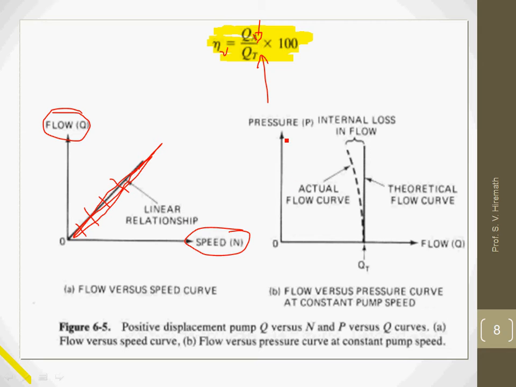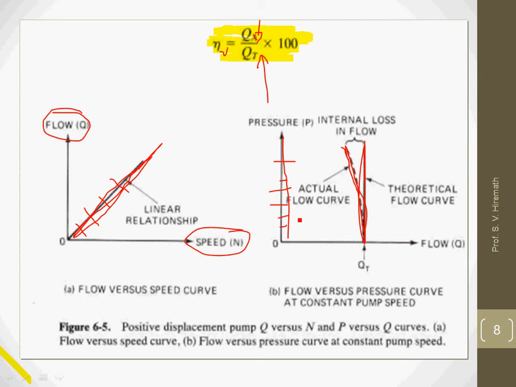In the next graph, if you plot pressure versus flow, irrespective of this pressure, the theoretical flow rate will be a constant, right? Whether you increase the pressure or reduce the pressure, the Qt will remain the same, whereas the dotted line indicates the actual flow rate.